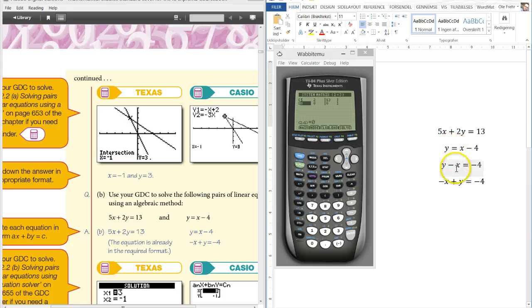So this is the same as that. Now I can see that the coefficient in front of the x is -1. Negative is there, but that would be an operator. I need the baby minus, so I press -1 here. The number from the y is 1, and on this side we have -4. Again, use the baby minus, not the operator minus here.